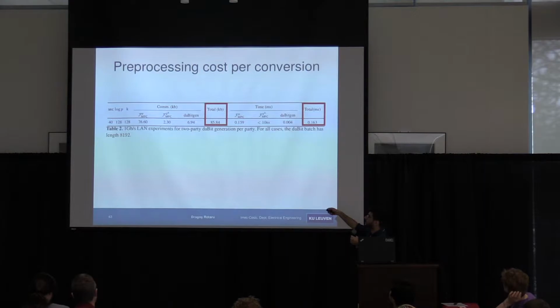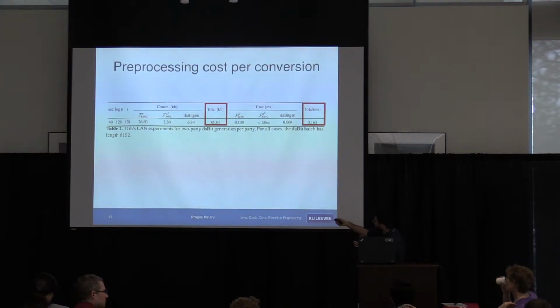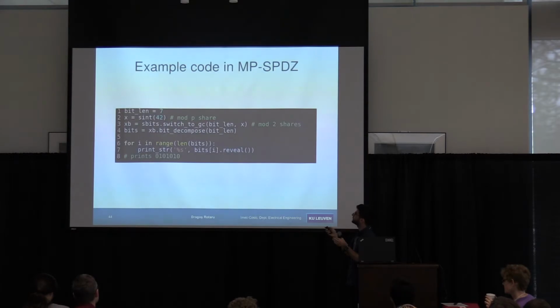So you can see that the generation of the daBit is much smaller in terms of communication cost than the whole triple generation protocol, which is going to be used for the XORs. And the time is quite small. We have 0.1 milliseconds for generating one daBit. This is amortized cost.